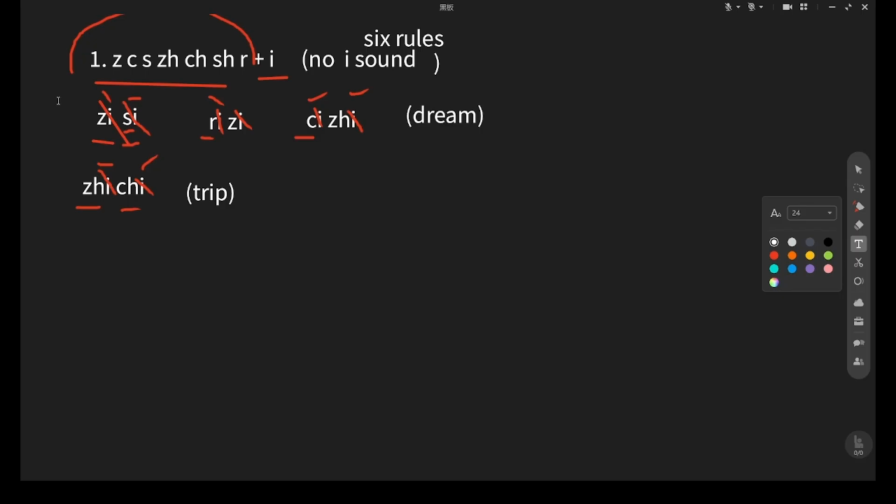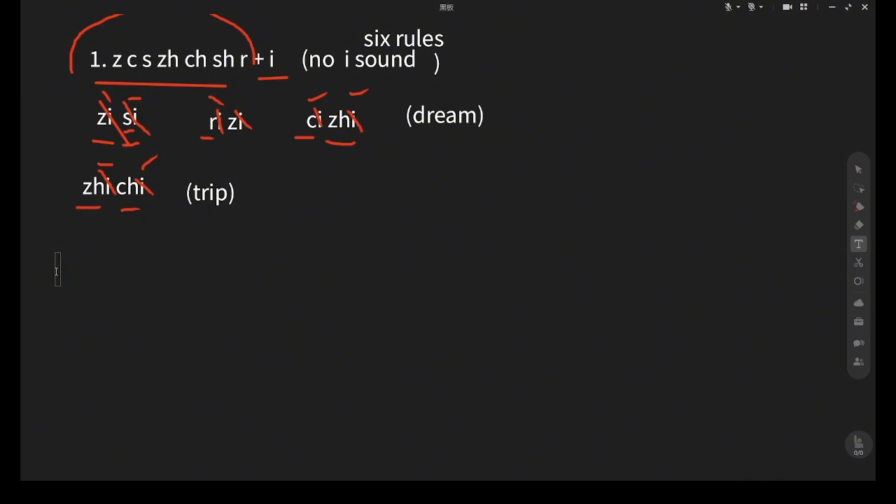So this is the first rule of pinyin. Remember, when this group is a consonant with e together, there is no e sound; you just read the consonant itself. You don't put the e sound in it. First delete the e sound and read the consonant itself. Try to remember this rule and practice more.